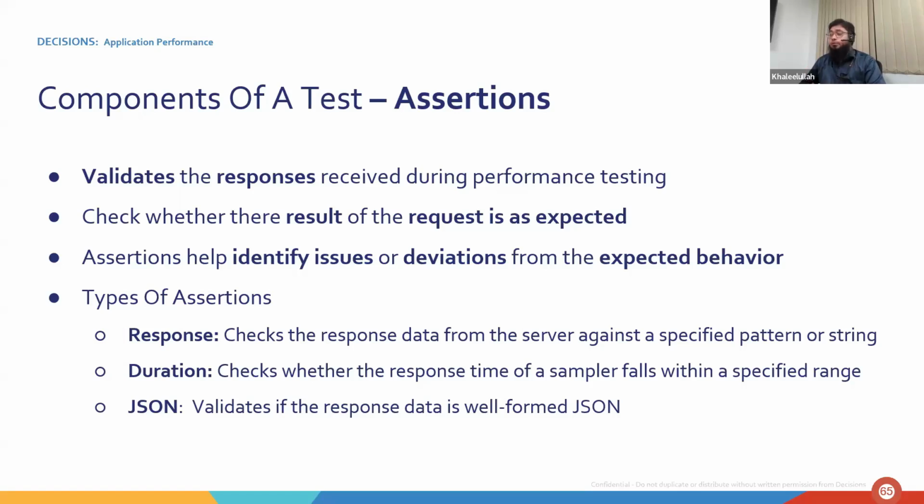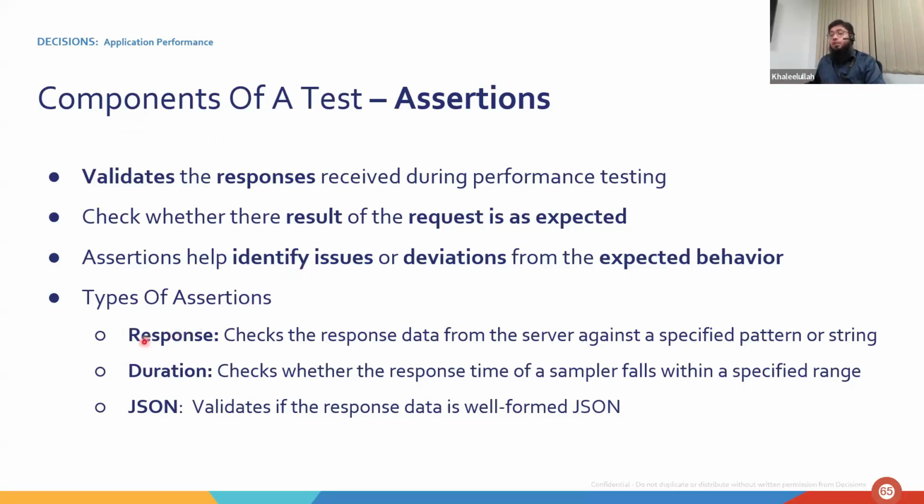So I can compare the actual value with an expected value, and then based on that, mark my test as passed or failed. Using assertions, you can identify any issues or deviations from the expected behavior, because we don't want to just run the test. We also want to make sure that the tests are returning the correct value as per our expectations.